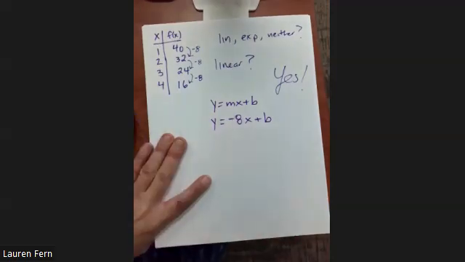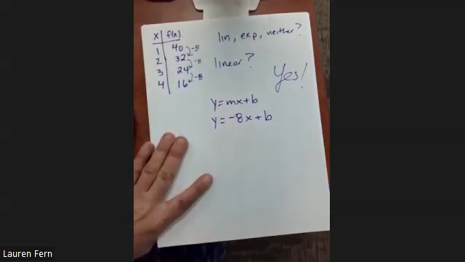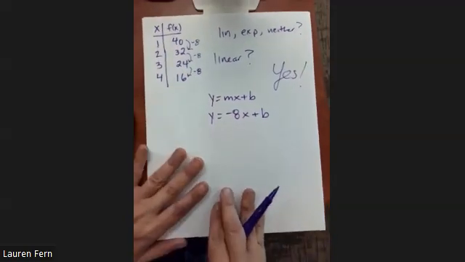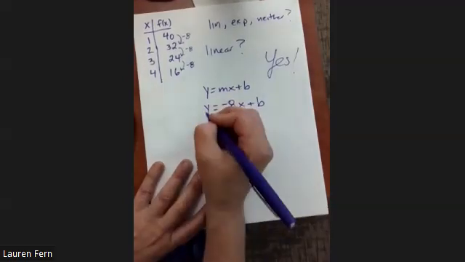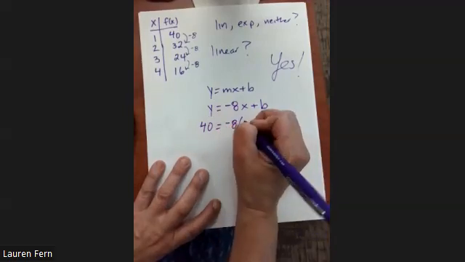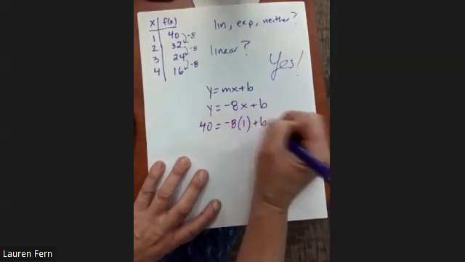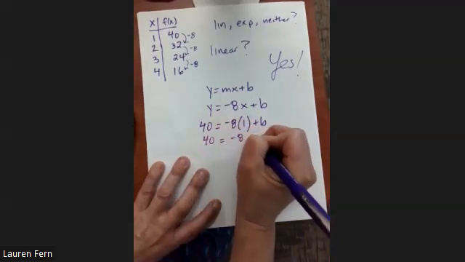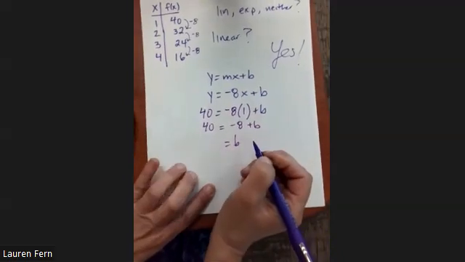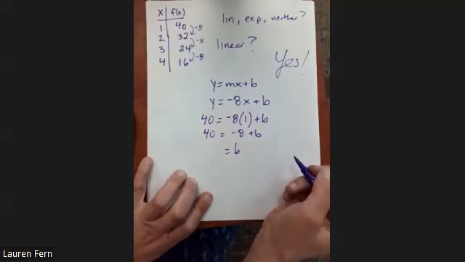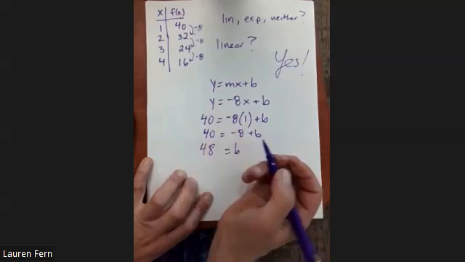But we got 4 other ordered pairs that we can plug in to find B. I'm going to just plug in the first one because I like to do the easiest computations. So do you agree we say Y is 40 when X is 1? So what's my B value? 48, right on.